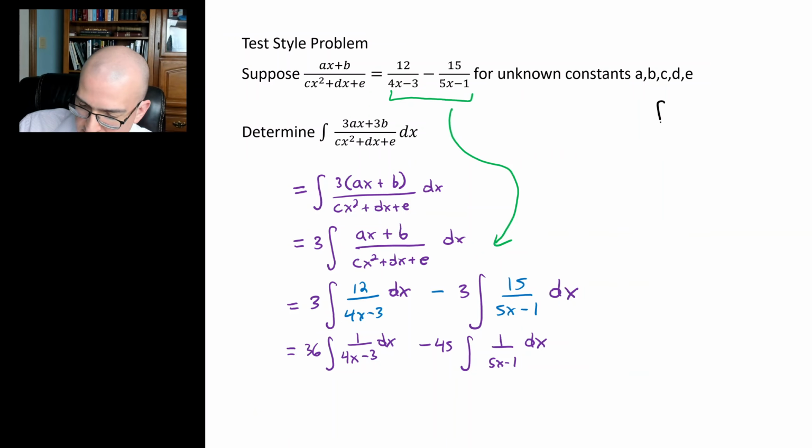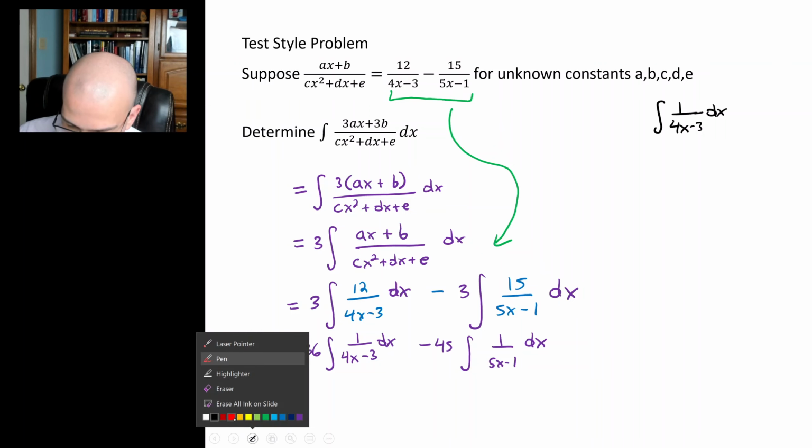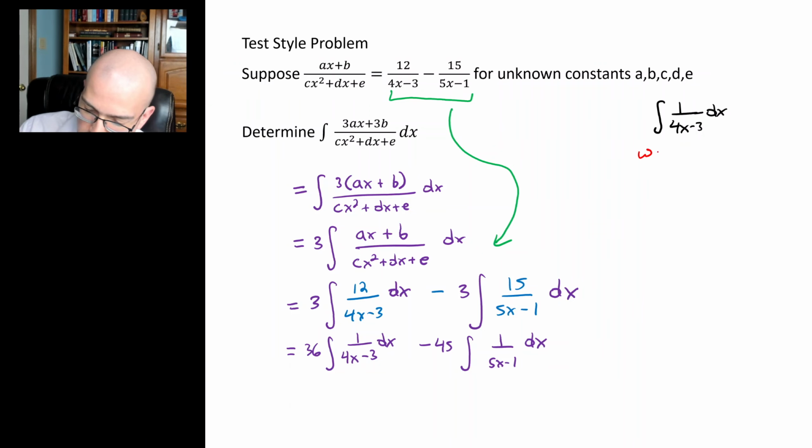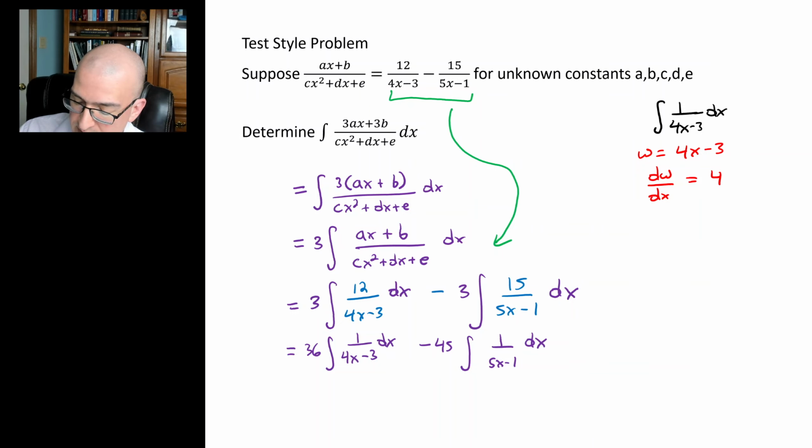So how do you integrate 1 over (4x - 3)? You have to use substitution. You have to let w equal 4x - 3. So I'll do this one in whole. I won't skip any steps for this one. So dw by dx is equal to 4, or 4 minus 0, which is 4. And then that means dx is dw divided by 4.